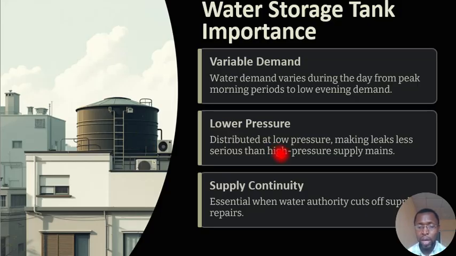And lastly, supply continuity. Essential when the water authority cuts off supply. You know, when government fails to supply water, that's when you know that the water storage tank has a very key role to play. So in the case where there is no more water being supplied by the water authority, then you have to fall back to the water storage tank. That's how important the water storage tank is for every user of water.